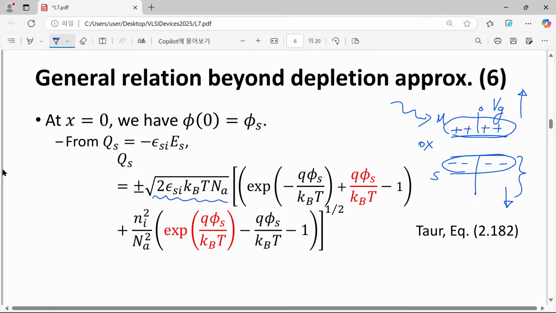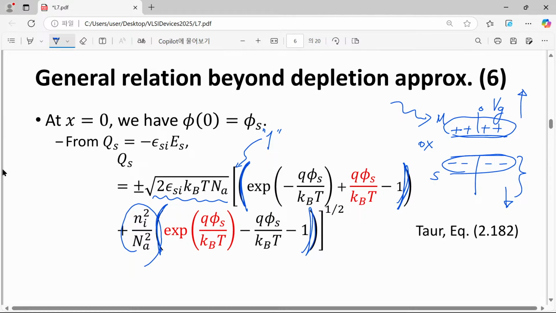First of all, you have to understand there is a huge difference between the overall coefficients. Here we have a big parenthesis and another big parenthesis, and please try to estimate the leading coefficient for each of these two big parentheses. What is the coefficient? Here we have just unity, number 1, and here we have ni squared divided by Na squared.